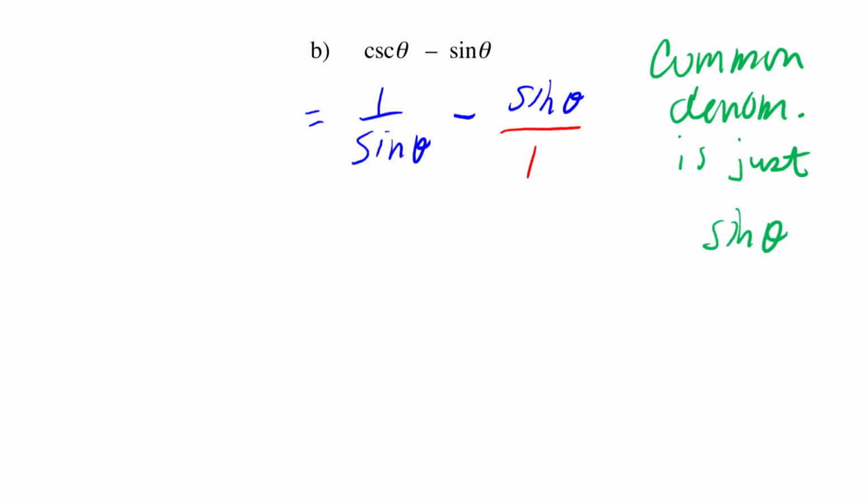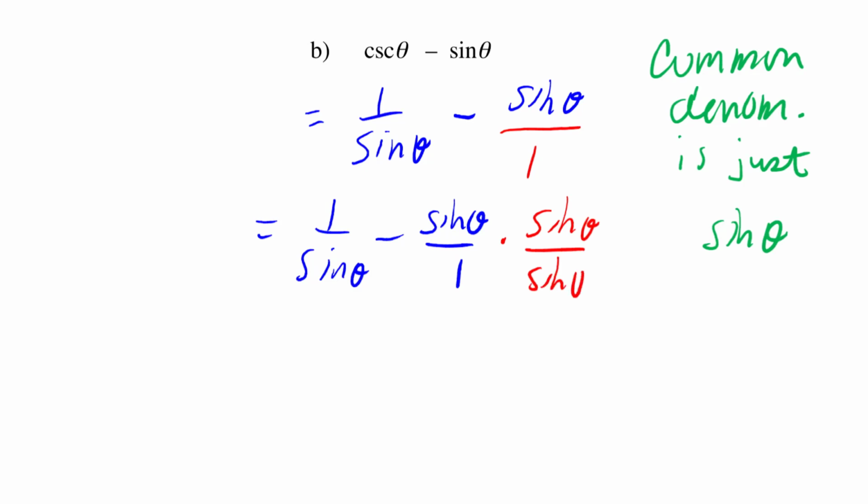So the first fraction is fine, it's already got the sine theta. It's the second fraction that needs that denominator. So we're going to multiply only the second fraction by sine theta over sine theta.